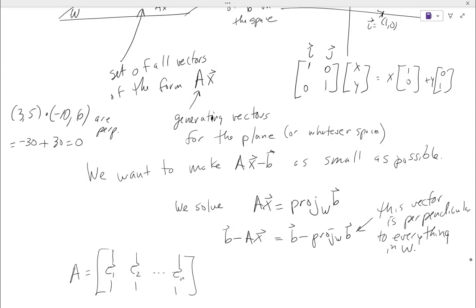If a vector is going to be perpendicular to everything in W, then it's going to need to be perpendicular to all of these columns because these columns are in W. If it's going to be perpendicular to everything in W, then it's going to be perpendicular to all of those columns. We can check perpendicularity by doing dot product again.